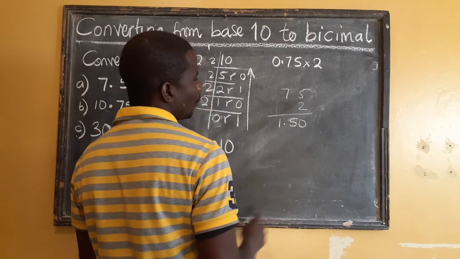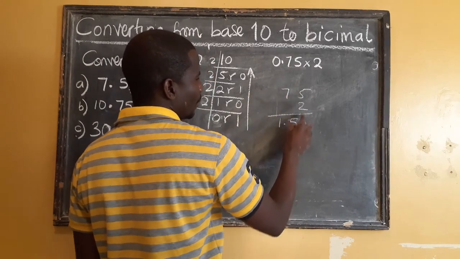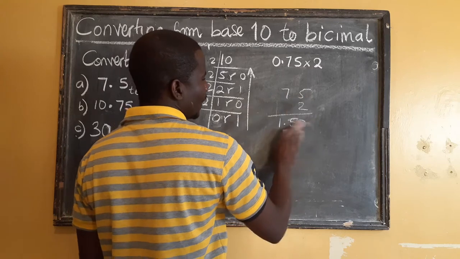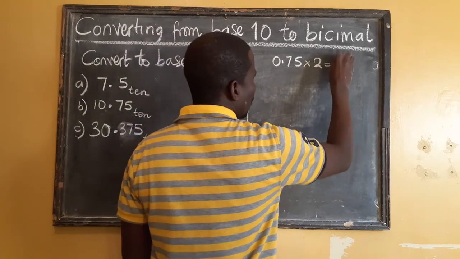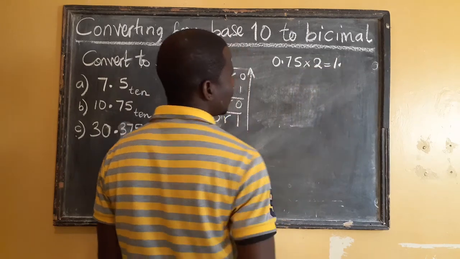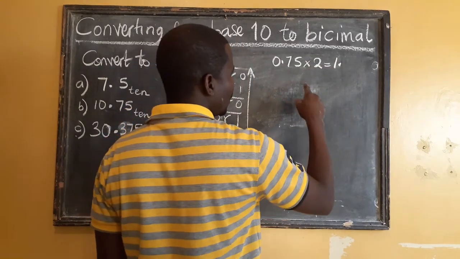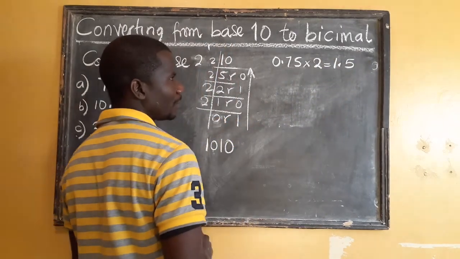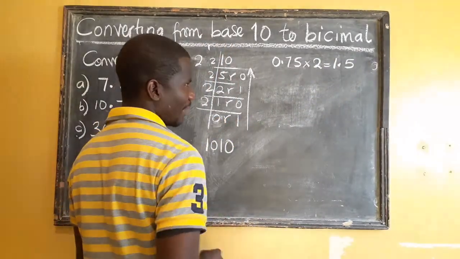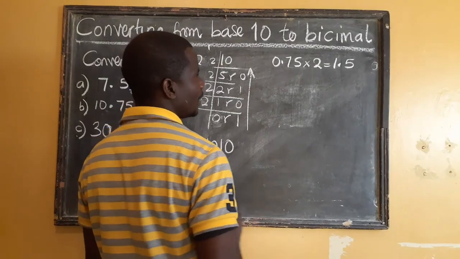When you multiply this, this will be 0, this will be 14, so you get like 1.5. That's what we are going to get. 1.5. So take note of that.